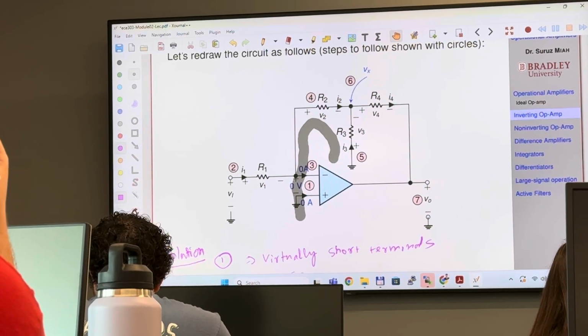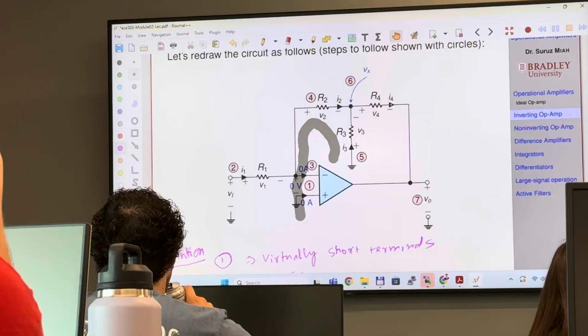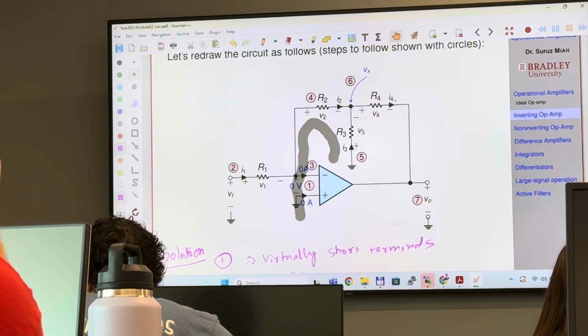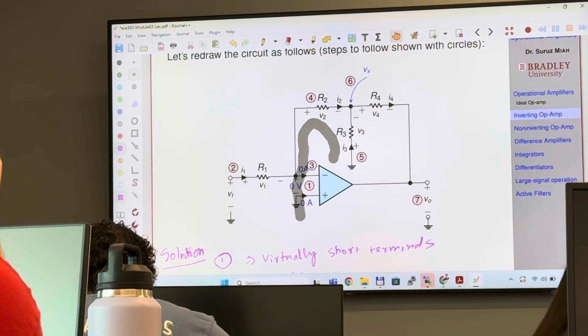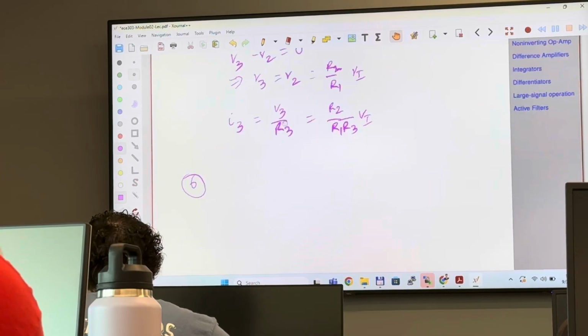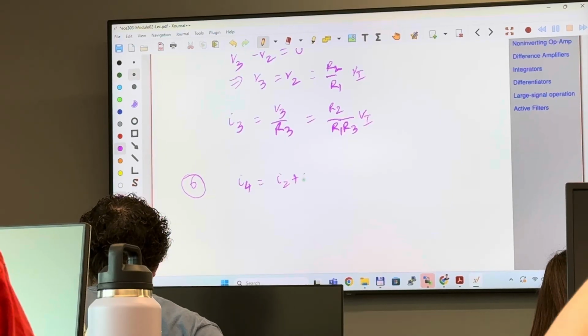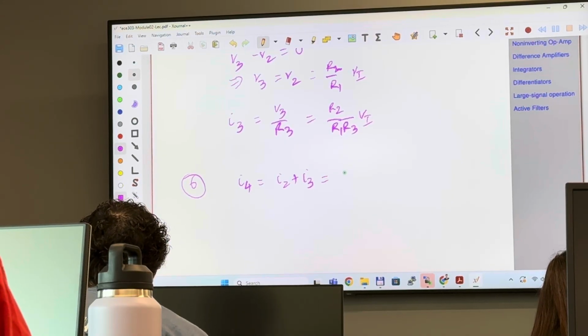In other words, I2 plus I3 equals I4. So these two currents are entering, and you see the total current I4 is leaving. So in that case, you can simply write I4 is simply I2 plus I3.